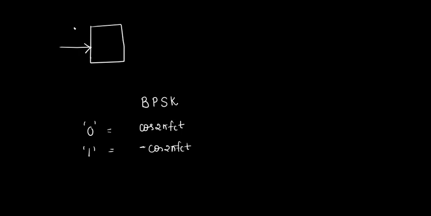And these are the factors. So 0 will be mapped with, and then you can write, minus A with k times cos 2 pi fct.